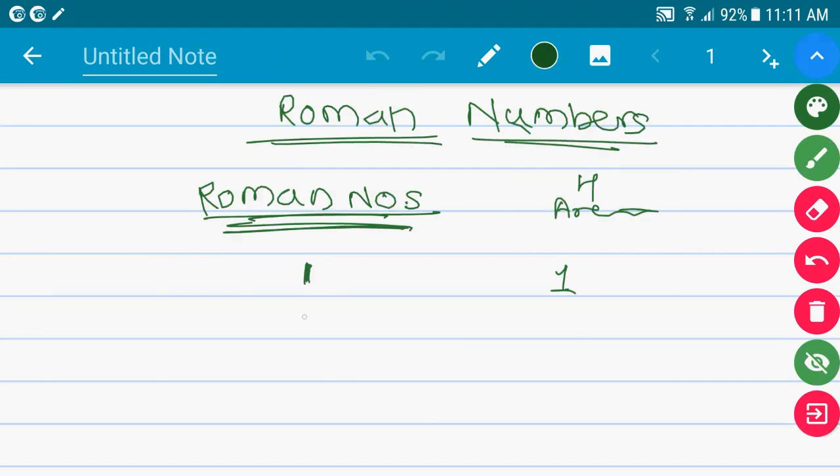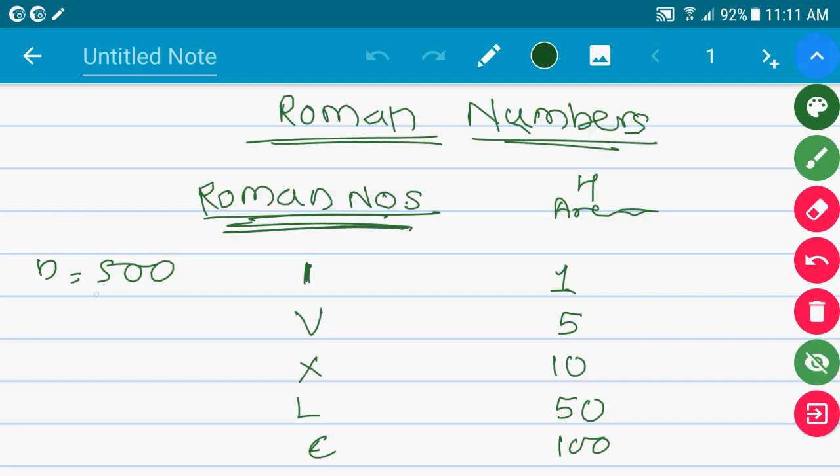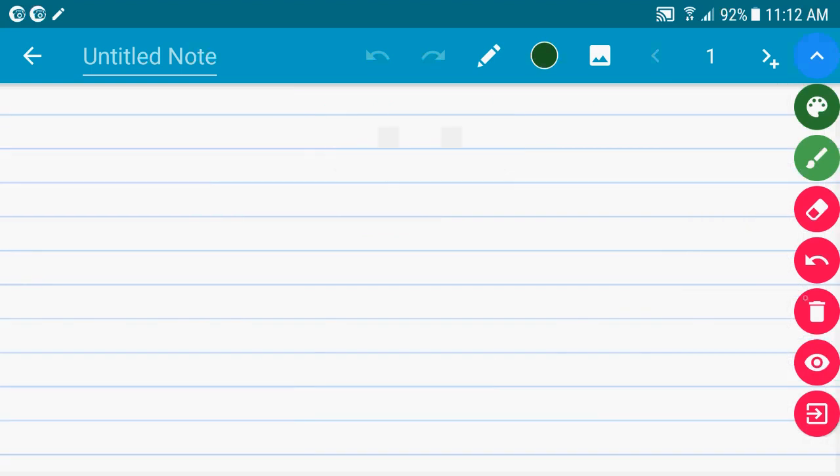Then V means 5, X means 10, L means 50, C means 100, D means 500, and M means 1000. So you just have to keep in mind these 7 symbols, and all the other numbers are based on them only.